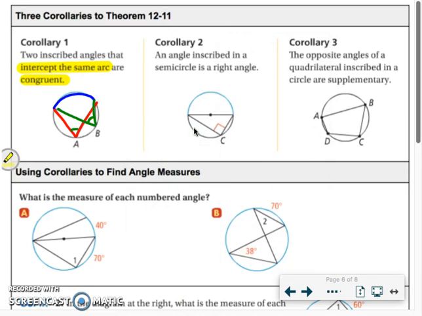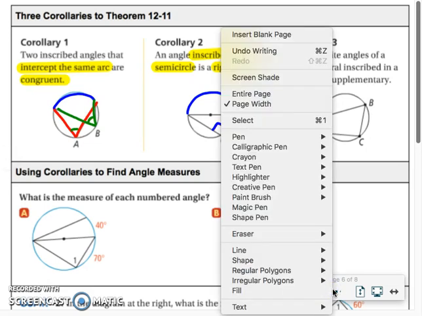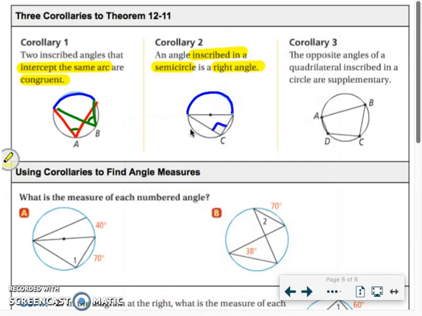An angle inscribed in a semicircle is just going to be 90 degrees. We're cutting off that entire half of the circle. This has to be a 90. And then lastly is the one we just came up with: if you have the opposite angles of a quadrilateral, they're going to be supplementary.